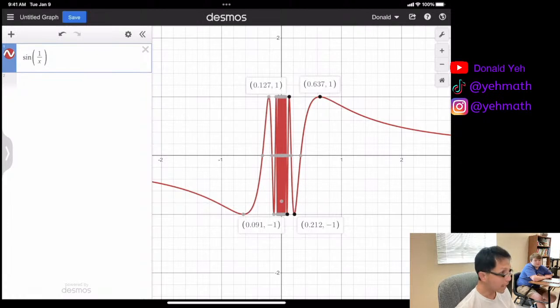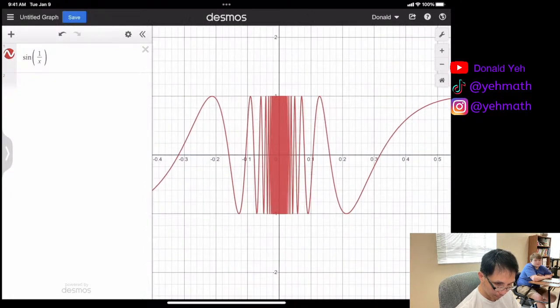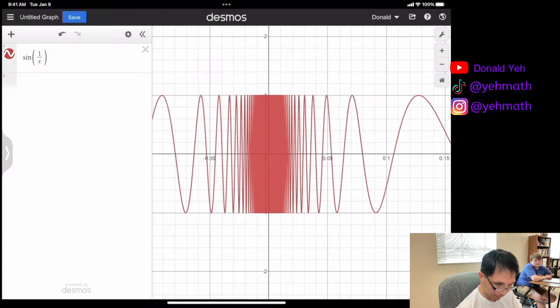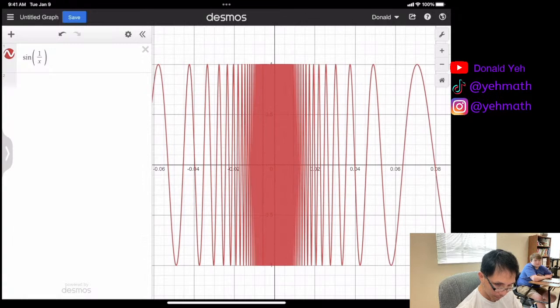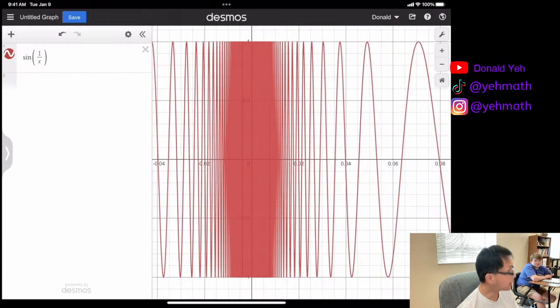Negative 1. Look at the middle. That's how fast her hand moves. You can't even tell whether it's backhand or forehand. So in this case, when x approaches 0, you cannot tell whether it is positive 1 or negative 1.